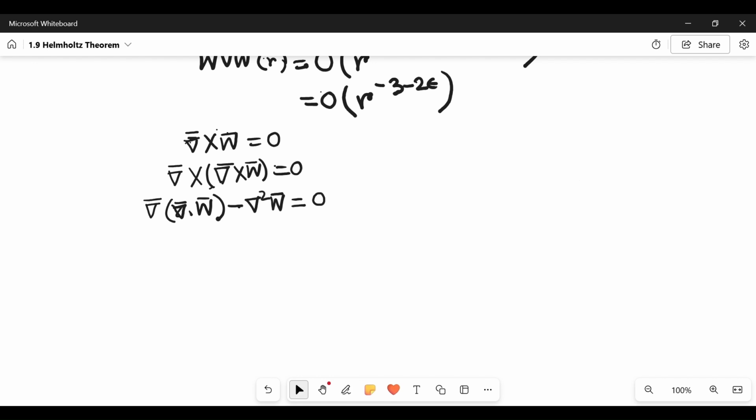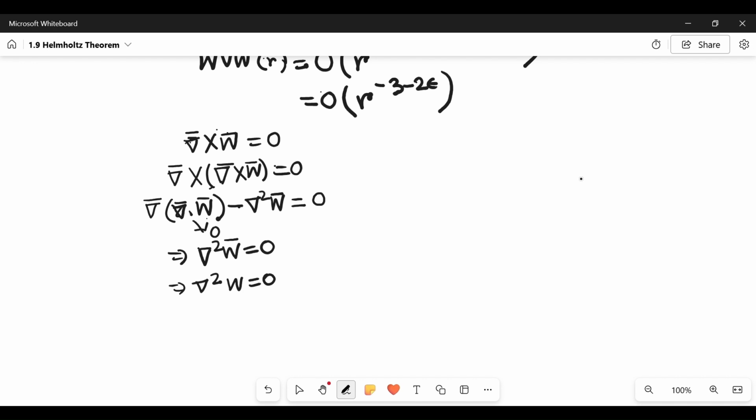So divergence of W is also 0. So it turns out Laplacian of W is 0. So any Cartesian component of W is also 0.